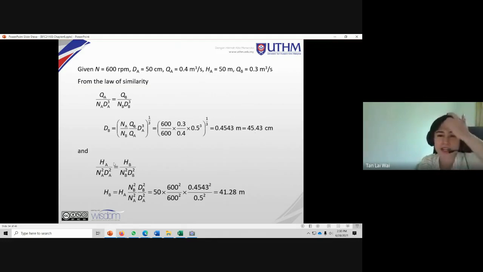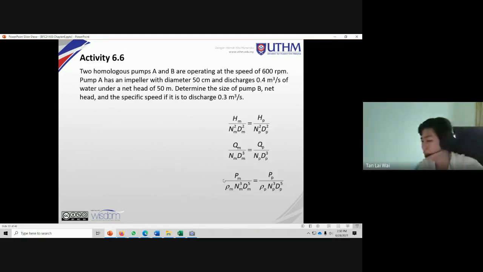Then we use the law for the head. Similarly, you arrange it so that the unknown is the subject of your expression. So you get 41.28 meter.